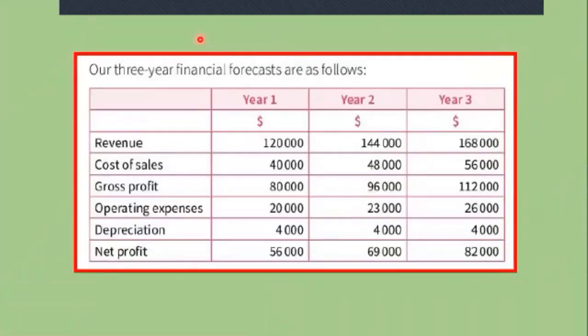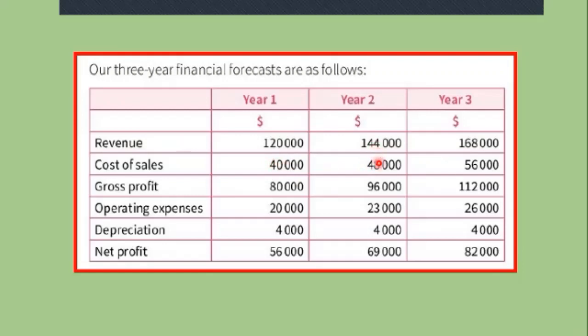Okay, the 3-year financial forecast is as follows: year 1, year 2, year 3, in the form of an abbreviated income statement. Right, how much you expect to make in revenue each year, and you notice it's showing growth. Revenue is your sales. And this sales figure is based on a markup of the cost of buying.